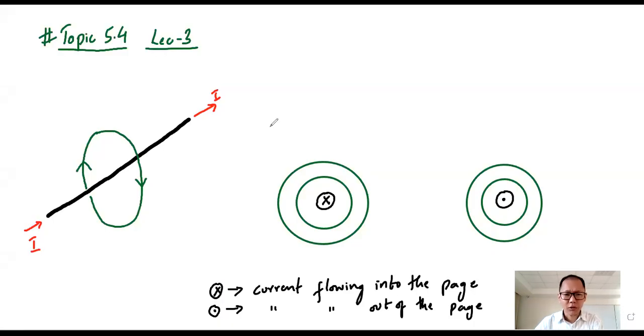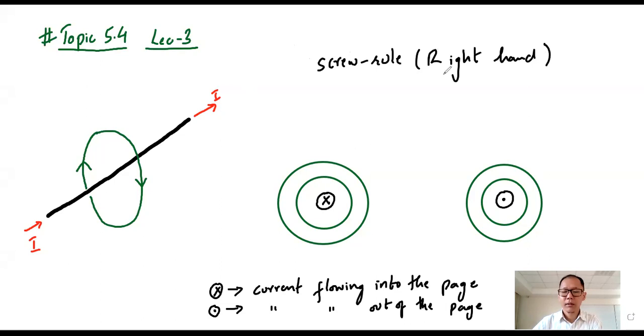Okay, so as you might all recall, we had talked about the directions of the magnetic field in a straight wire, which is carrying a current. Now, the way we found out the direction of the magnetic field was basically by a rule. And that rule was the screw rule, or more appropriately, the right hand screw rule.